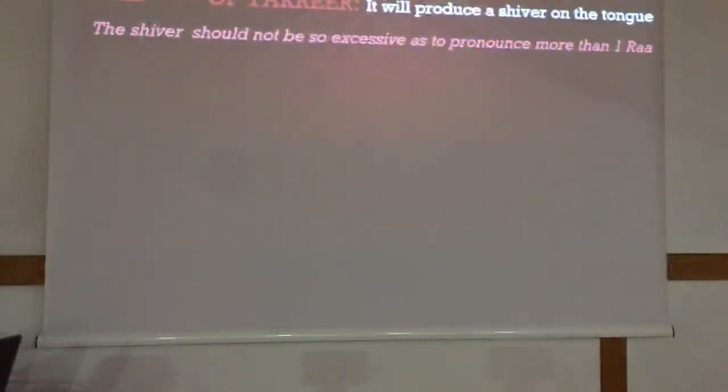Now this letter Ra, we want to make sure we don't read this letter Ra like the English letter R. So for example, if I take a word in the Quran with the letter Ra, for example, Rijal. Now a very common mistake is if we read the letter Ra like an R, you'll end up saying Rijal.